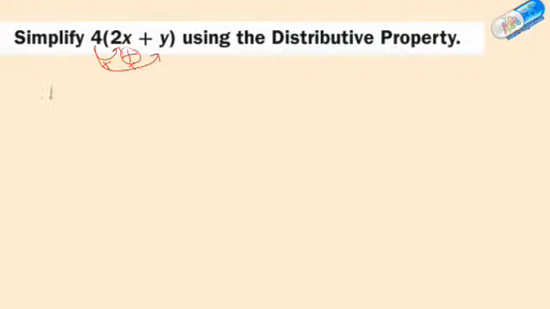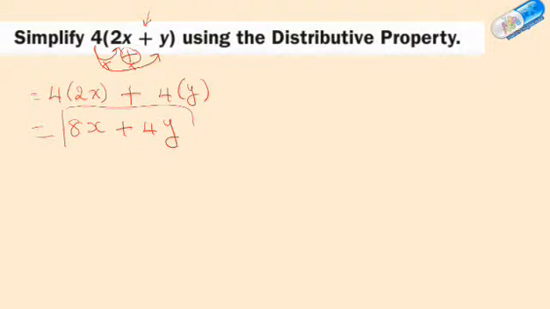So this means that 4 multiplied by 2x for the first term, and we add it because here we have addition, 4 multiplied by y. And this is equal to 4 times 2 times x, which is 8x, because 4 times 2 is 8, plus 4y. And I cannot simplify it more than that because x and y are different. We cannot add them together in one term.